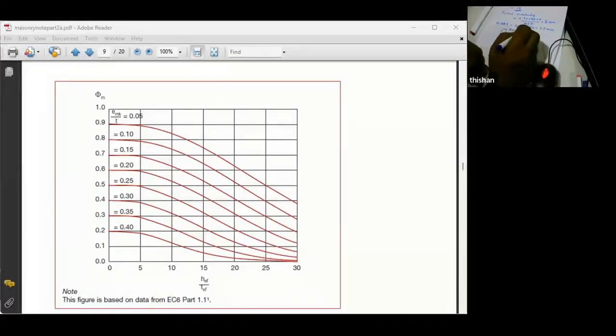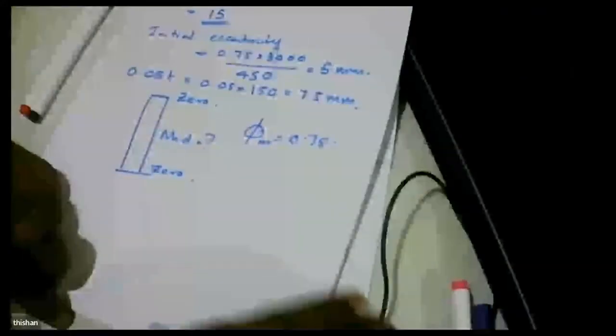So that means we have a capacity reduction factor beta m of 0.75.